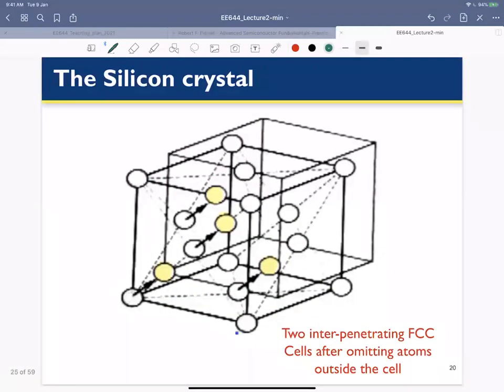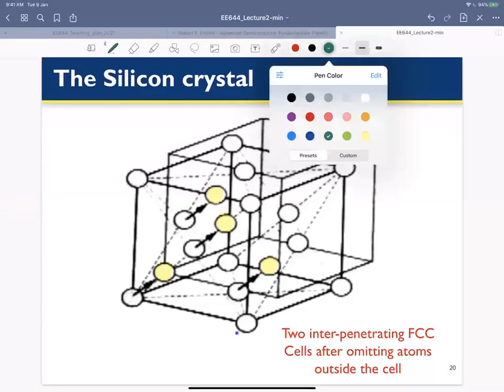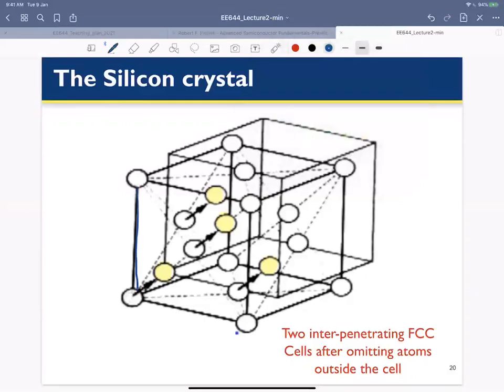So you see, this was our first cell, right? So this is our first cell here.